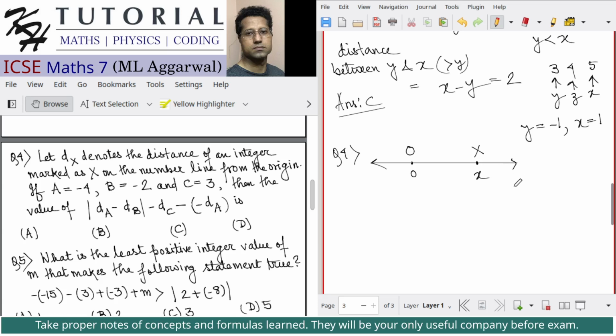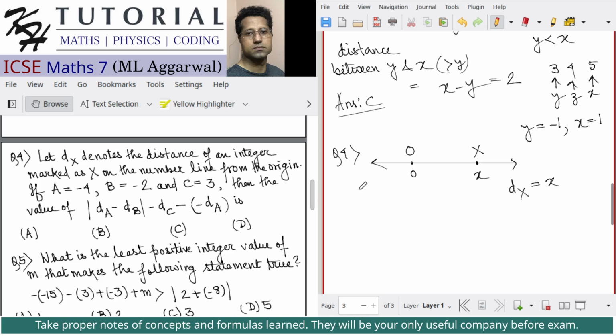So dx is nothing but the distance of the integer value small x from the origin. Since I have drawn the letter x on the right hand side of the origin, small x will be greater than 0. So this is equal to small x.